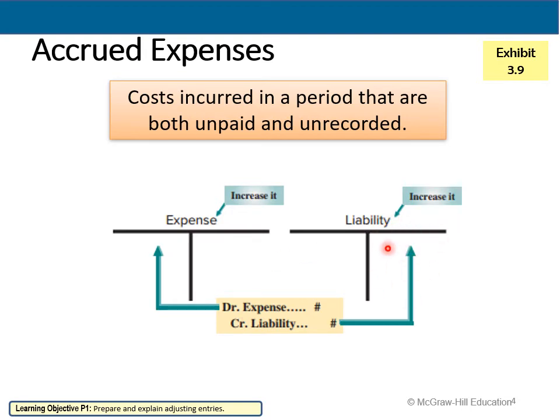Because it hasn't been paid. But, for instance, with the utility bill, the expense has already been incurred. You've already used the energy, the electricity. So you have to record that expense. And again, we're keeping with the trend: one income statement account, in this case an expense, and one balance sheet account, in this case a liability.